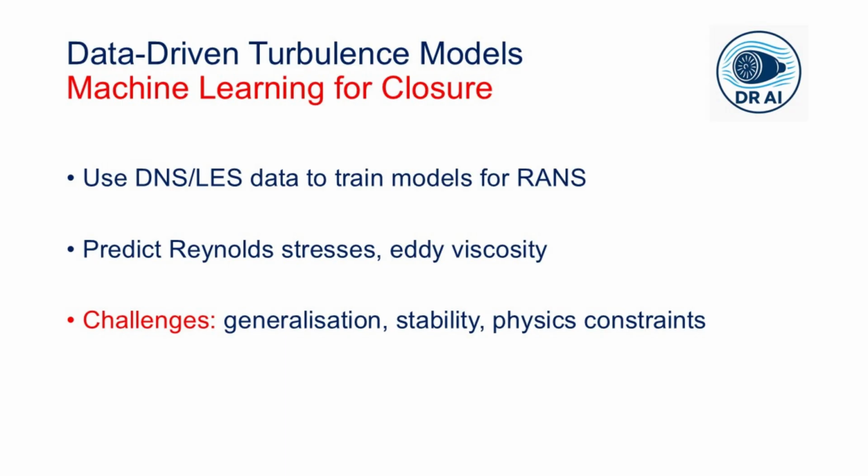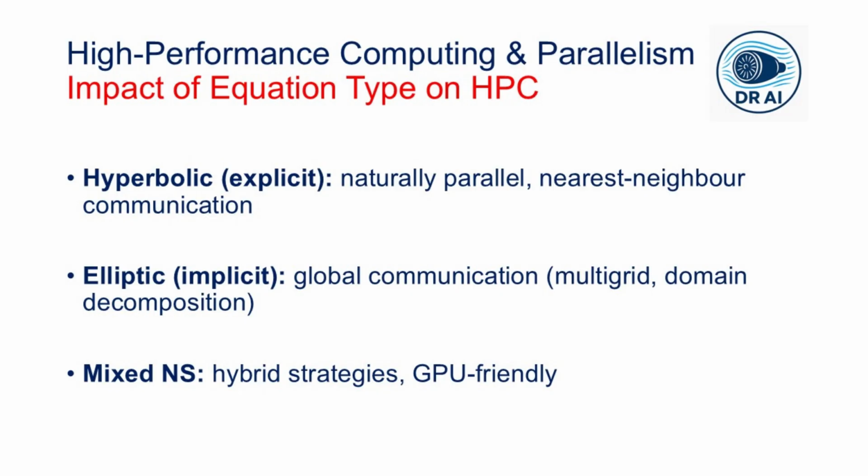Now, equation classification can also affect the high performance computing and the massive parallelism. Hyperbolic or the explicit type of the equations are naturally parallel, each grid point updates using only the neighbors. Communication is regular and can overlap with the computations. The second are the elliptic type of the equations or the implicit types. Global solves require global communication.